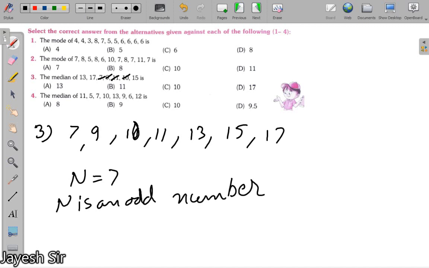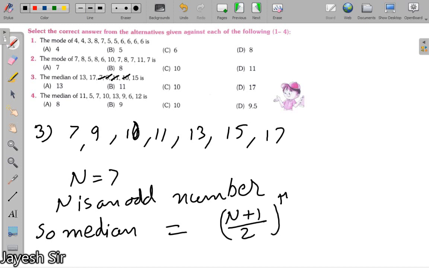Here n is an odd number, so the formula for median will be the (n plus 1) upon 2th term.